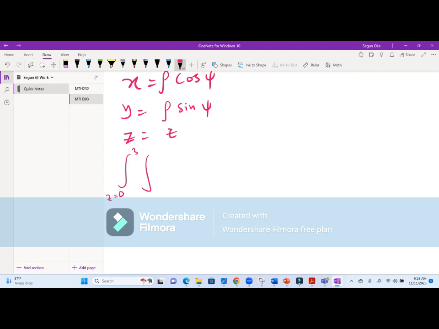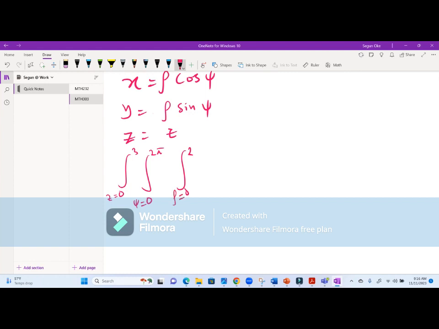The other one we also change from 0 to 2 pi, which will be for the psi. And the last one will be from 0 to 2, which is the rho.